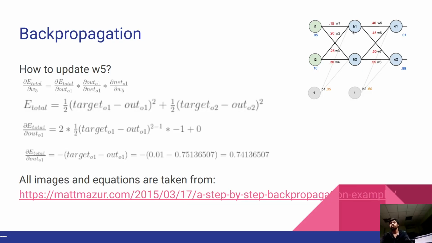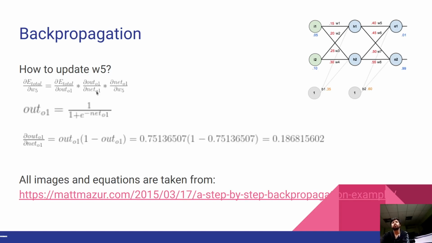Okay, so I am going to the next part, derivative of out O1 with respect to net O1. The out O1 formula is 1 by 1 plus e to the power minus x, where x here is net O1.